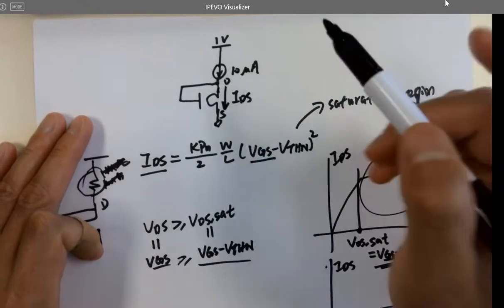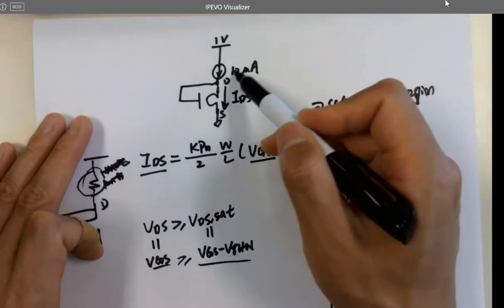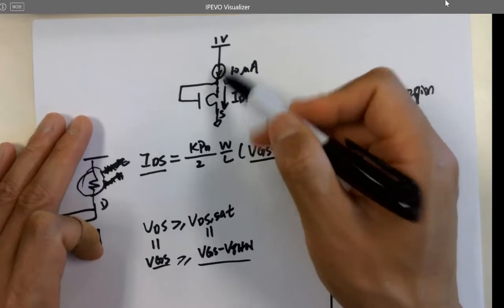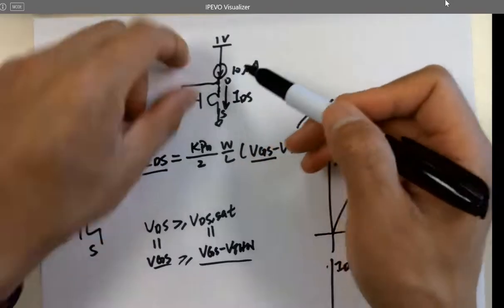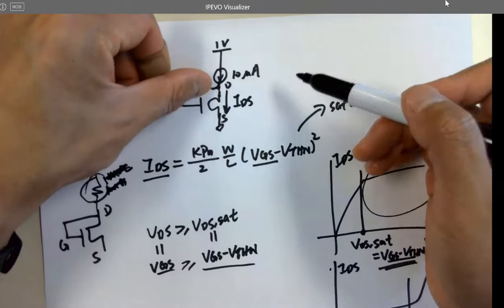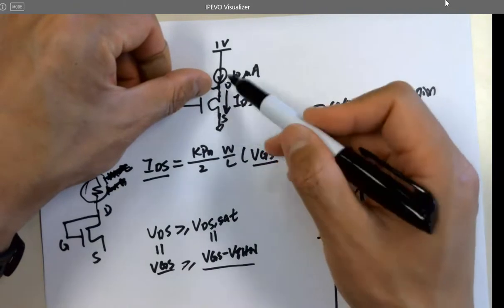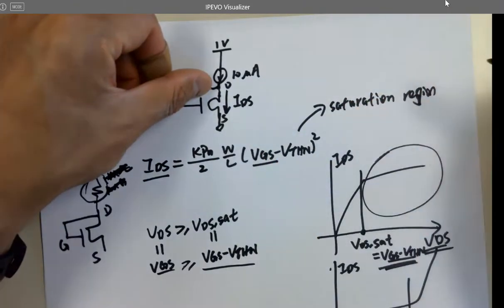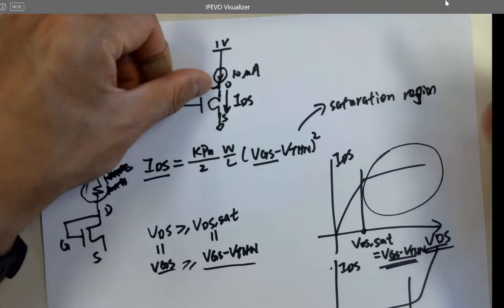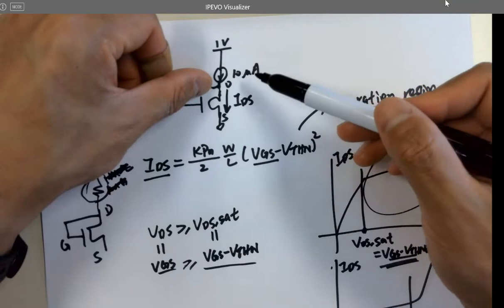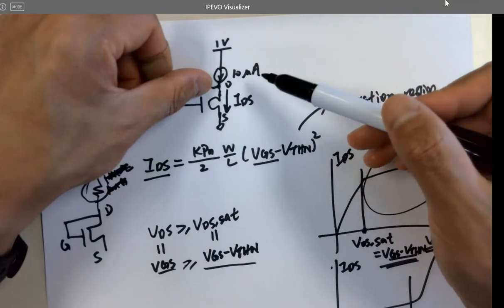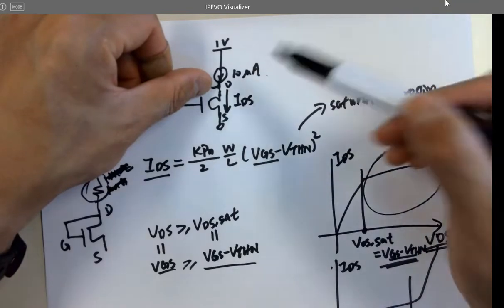So one quick question: if I force a 10 microamp current in here, and I don't make this connection, do I know which region this is being operated in? You actually couldn't tell. But 10 microamps is quite a large amount of current.